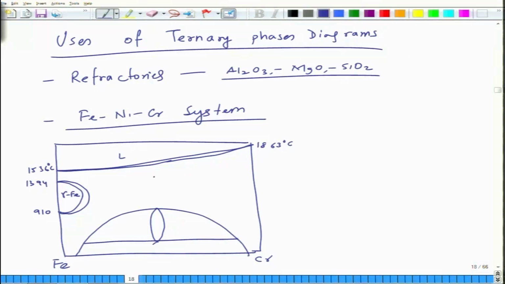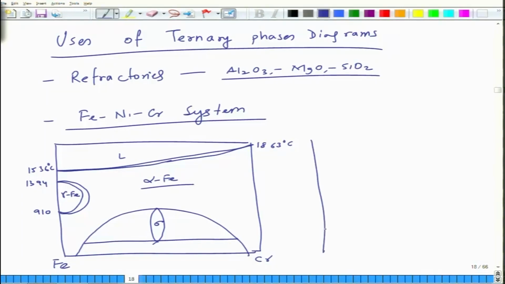This phase field is basically alpha Fe. So it broadens the phase field of alpha Fe, and for iron with small amounts of chromium you can have a very broad alpha Fe region, and somewhere in between you have a sigma phase, and then a two phase region. So this is essentially your iron chromium phase diagram.